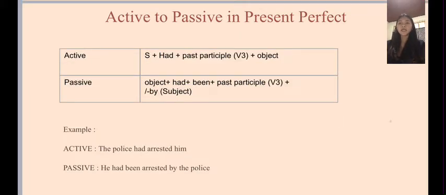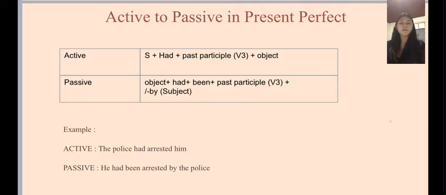Okay, next there are active to passive in present perfect. The active form is subject plus had plus past participle verb 3 plus object. And for passive is object plus had plus been plus past participle verb 3 plus by subject. For the example, the police had arrested him.